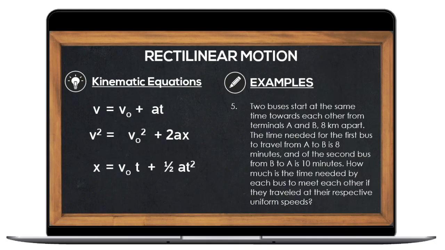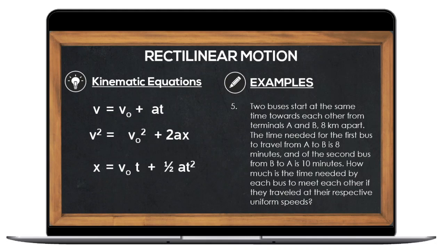Okay, so those terminologies are very important. And also, these kinematic equations. So these three are very important. And again, as I've said, the use of these depends on your given. So you will use whichever fits with the given that you have in the problem, as well as the unknown, so what is being asked.